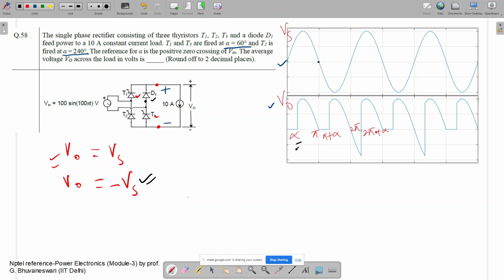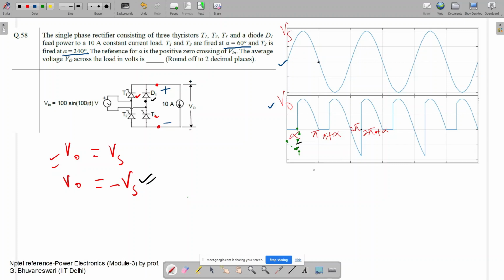Again at 2 pi plus alpha, T1 and T2 will be fired again. So this sequence will be a repetitive sequence. At initial there is no waveform from here to here, but in steady state the waveform will be like this. Before alpha we are not giving the firing angle, but in steady state this waveform will be considered.